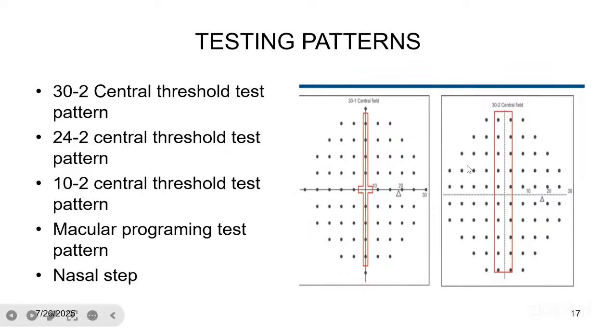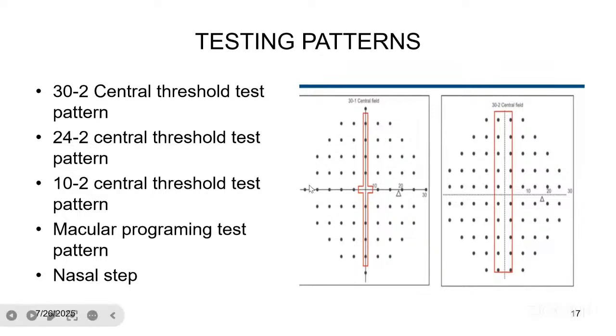Why was it reduced from 30 to 24? That reduces the testing time, because what a 30-2 visual field can give you, you can also get from a 24-2 central threshold test. So rather than doing a 30-2, it's preferable to do a 24-2, which gives a relatively similar result, but still measures that nasal aspect that is very important in detecting one of the earliest defects seen in glaucoma.